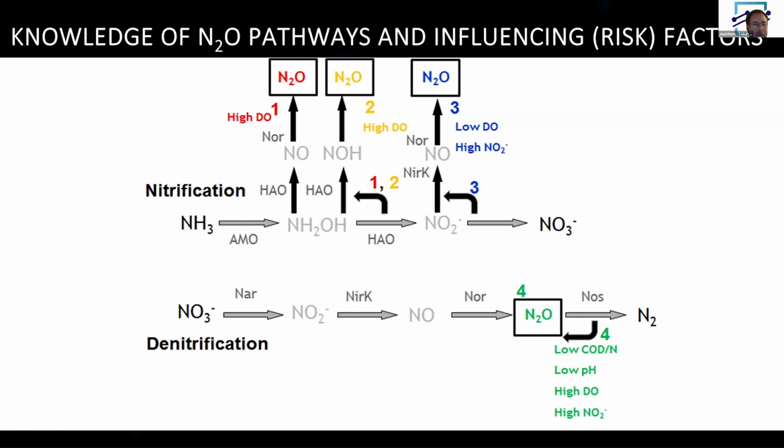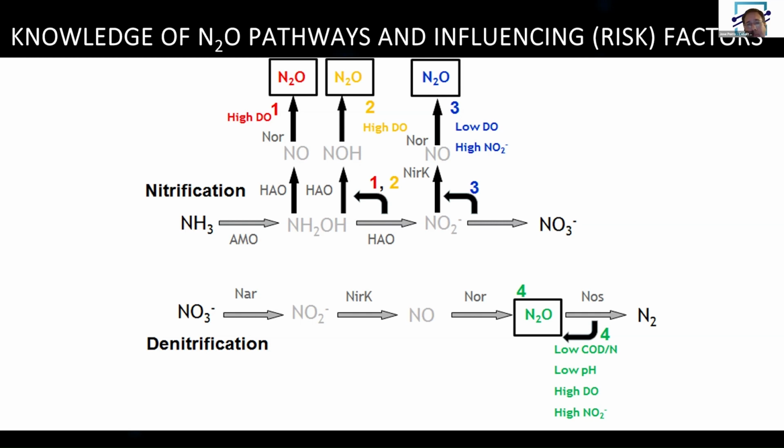So one thing that's going to be important to keep in mind are the N2O dynamics, because this is going to be important for determining where we need to be measuring N2O within the wastewater treatment plant. Because if we don't understand at least some of the basics behind the N2O dynamics in terms of the pathways and the influencing factors or risk factors, or what could be considered root causes, we ultimately want to know why we have N2O emissions and what we can do to reduce those emissions.